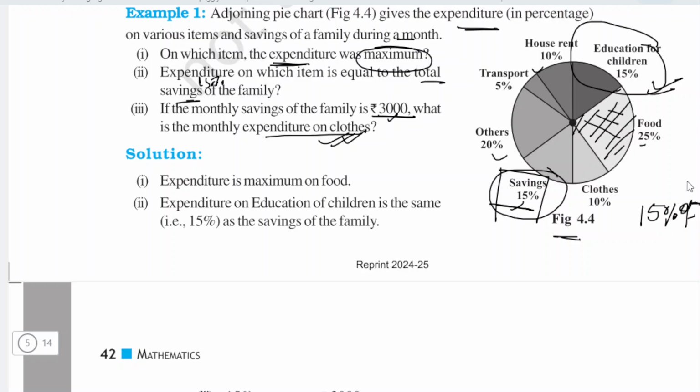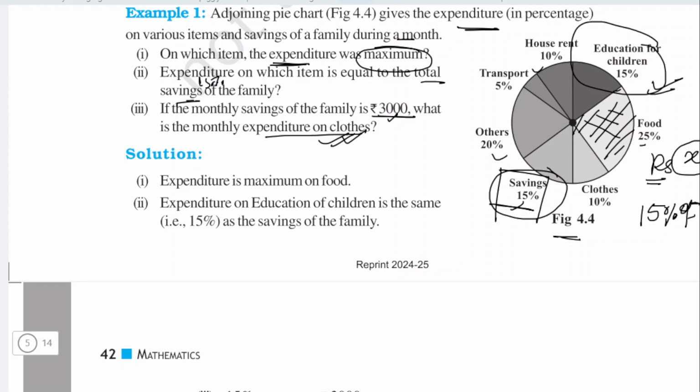Okay, suppose this man is getting rupees X as total amount. Out of rupees X, how much percentage is he saving? 15% of X he is saving.